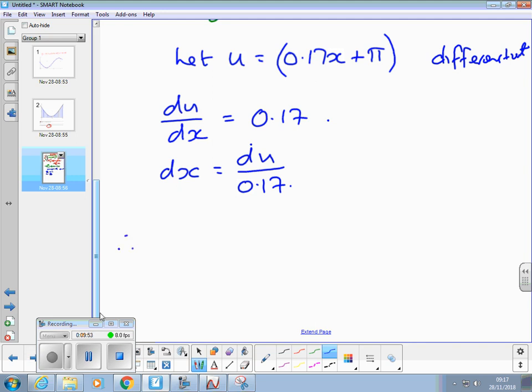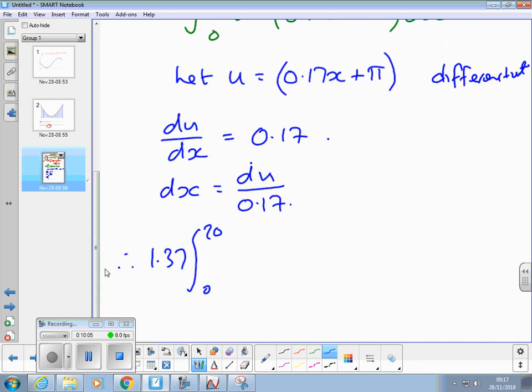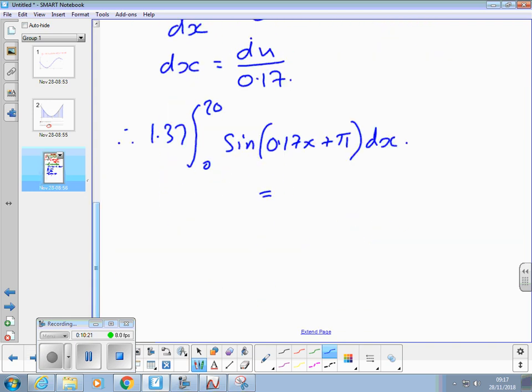We can now say, therefore, that 1.37 times the integral between 0 and 20 of sine(0.17x plus pi) dx is equal to 1.37, keeping the constant, times the integral of sine u times du over 0.17.